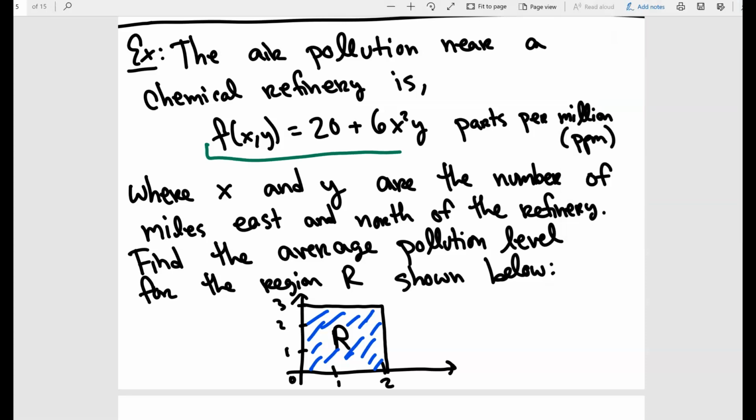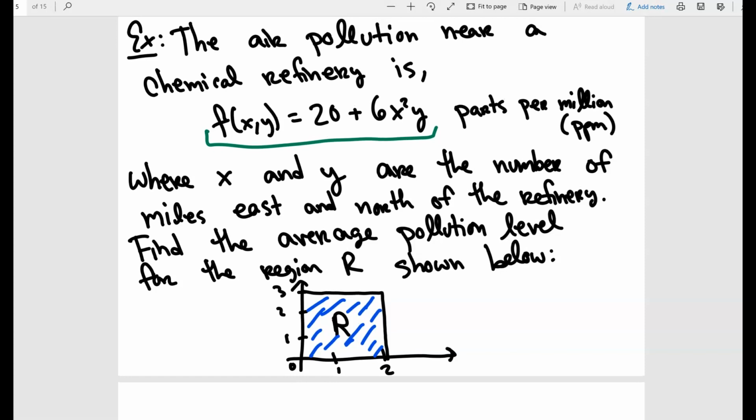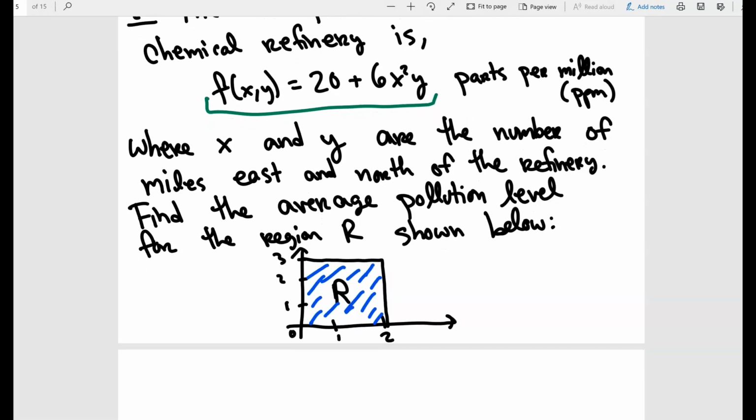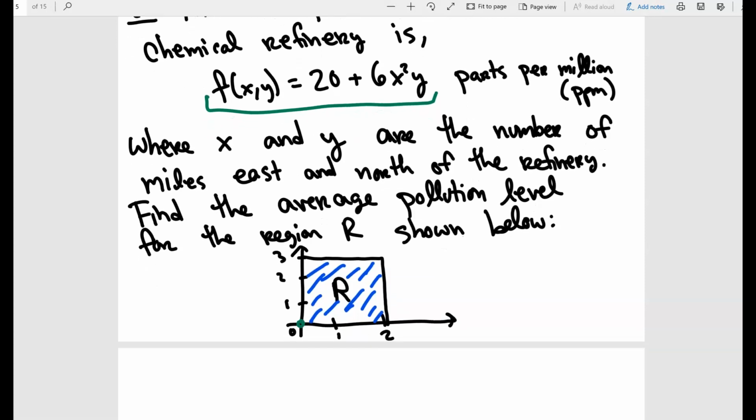This is how we're modeling it, so we can quantify the air pollution given some number of miles east and north. For example, let's say the chemical refinery is right here. If I go 1 mile east and then 1 mile north, I'm going to have this little square, and I can calculate what the pollution is going to be there.